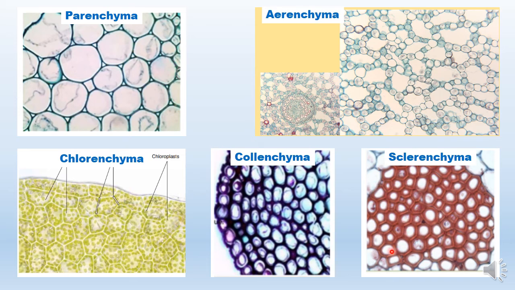So sclerenchyma has high deposition of lignin, while collenchyma has pectin deposition. So these are some real views of how these plant tissues look when we prepare slides of them and watch them under the microscope.